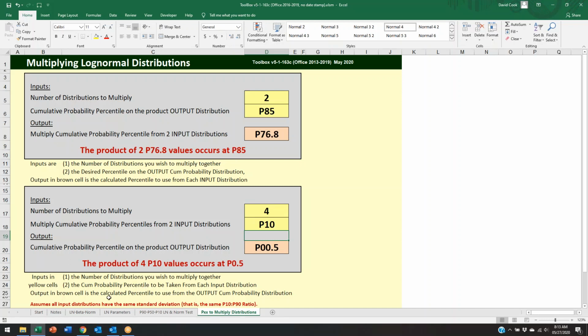Now remember that this mathematical treatment is only valid for log normal distribution shapes where each of those log normal distributions has similar P10, P90 ratios. That may not be a very realistic assumption in a lot of exploration plays, but where that does correlate, you could use this tool to understand what values to multiply together.